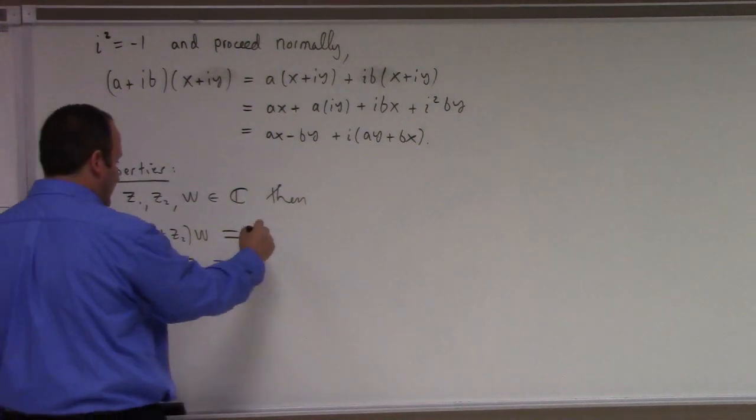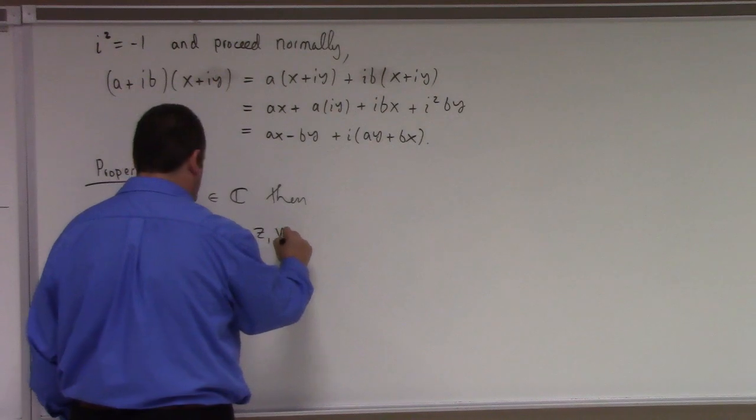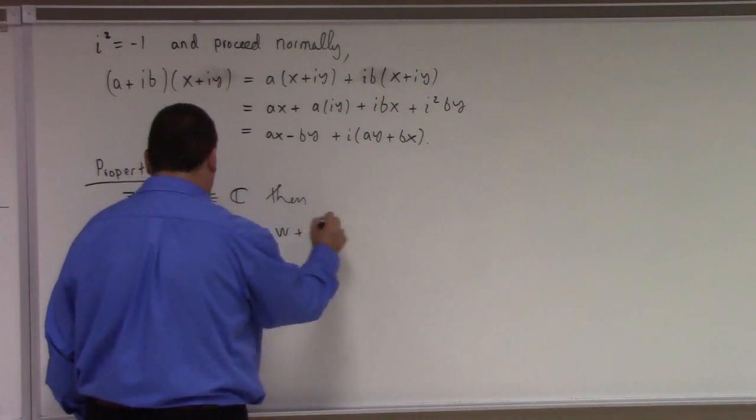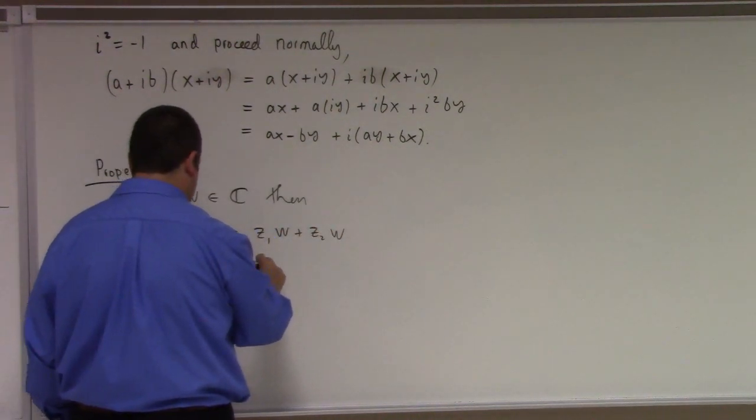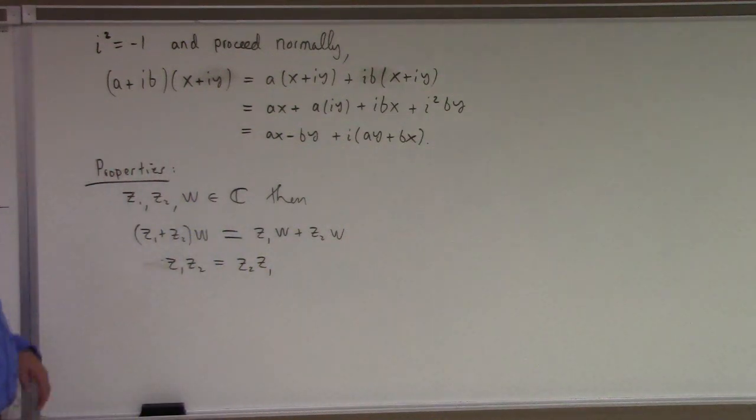First of all, we distribute: z1 w plus z2 w, and multiplication is commutative. So complex addition and multiplication satisfy the usual rules of arithmetic. There's a 0, there's a 1, just like usual.